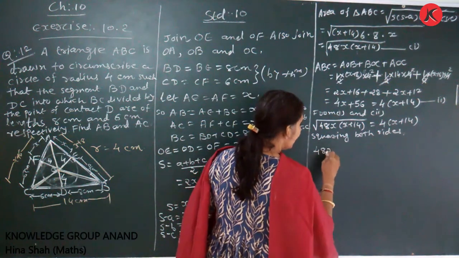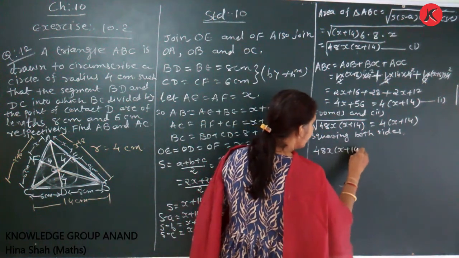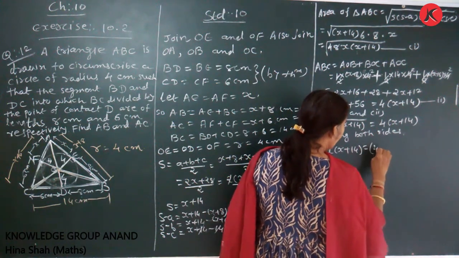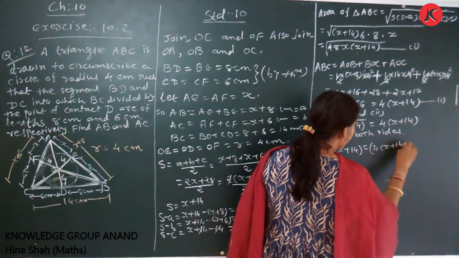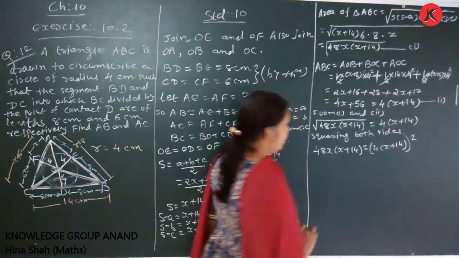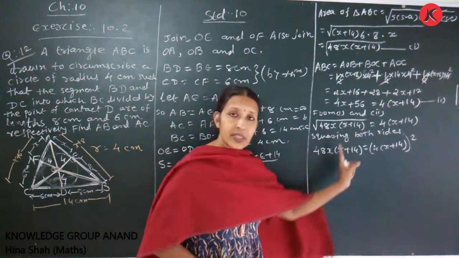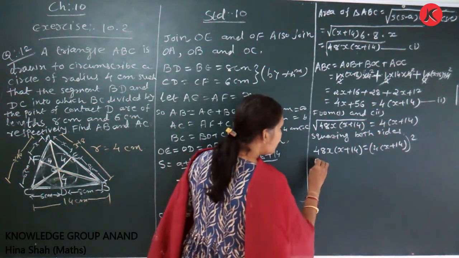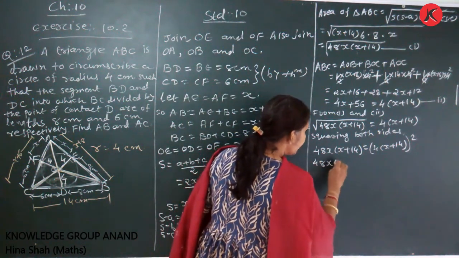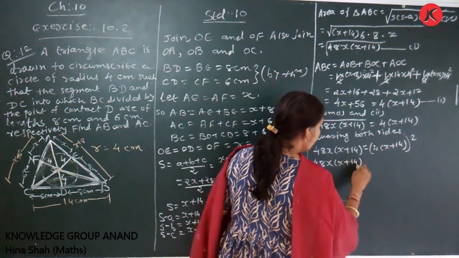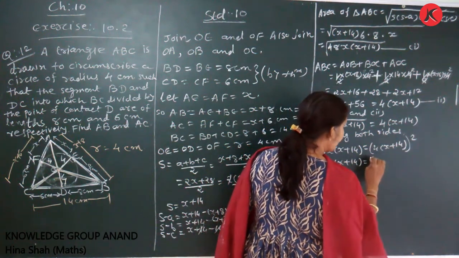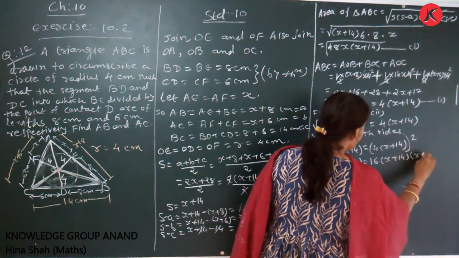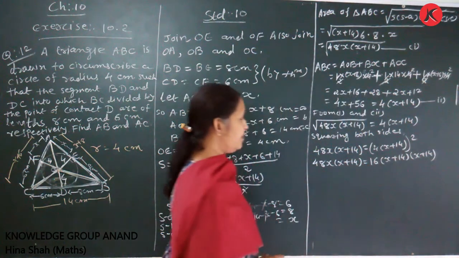Therefore, 48x into x plus 14 is equal to 4 into x plus 14 whole square. Now here the square root is removed because we take the square. Now 48x into x plus 14 is equal to 4 square, 16 into x plus 14 into x plus 14.